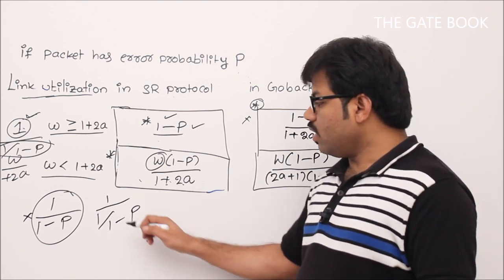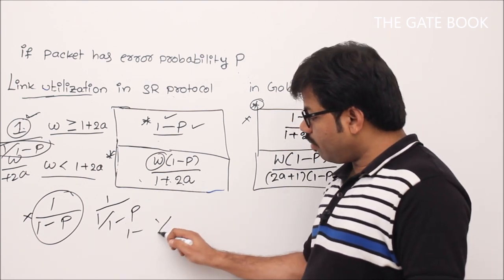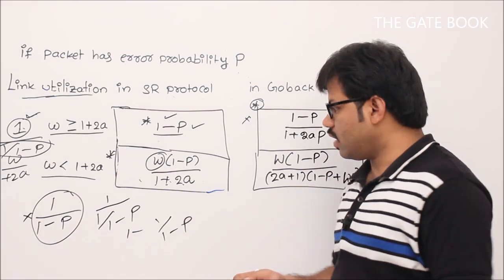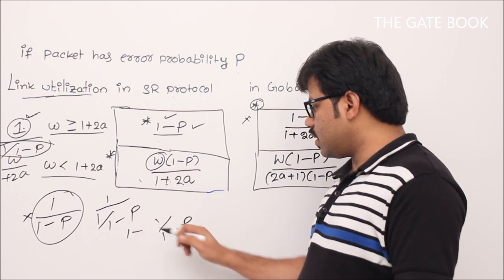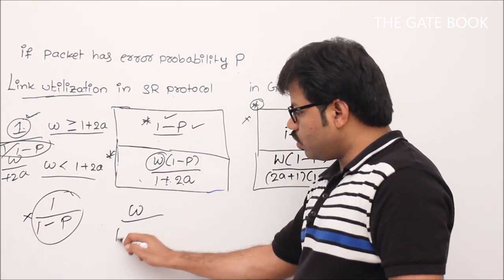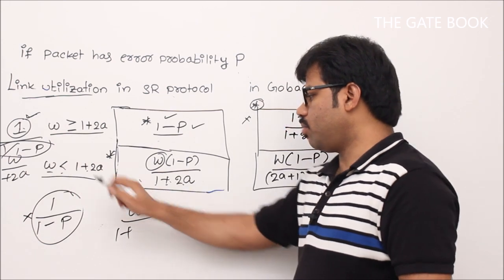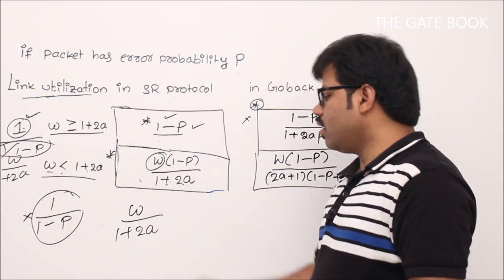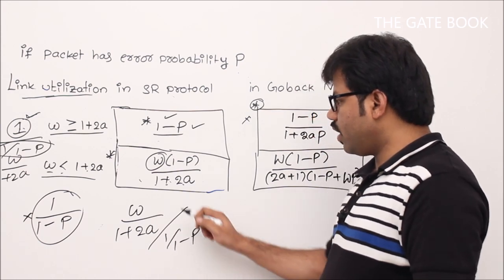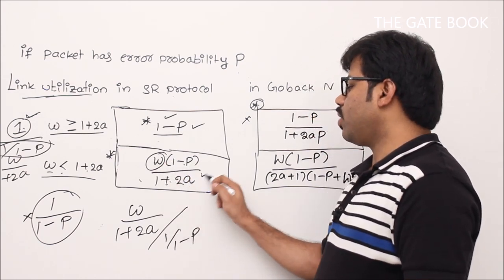Since you are sending 1 by 1 minus P packets for one packet, your utilization also will be reduced by that factor. So divide it by 1 by 1 minus P. If you do that, you get W into 1 minus P by 1 plus 2A.